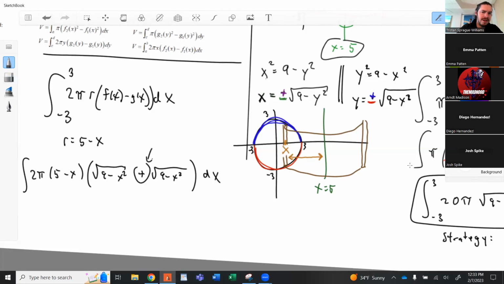Minus negative gives us plus, so actually we get 2 times that square root, which makes sense because the top half and the bottom half are both equal to the square root of 9 minus x squared. So what we actually have here is 4 pi times 5 minus x times the square root of 9 minus x squared.